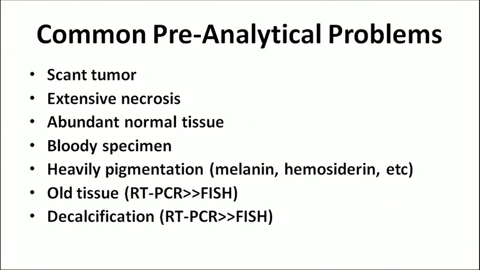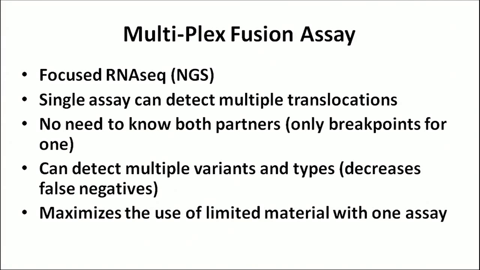Really old formalin-fixed tissue is sometimes challenging; RT-PCR is more sensitive to this than FISH. And then decalcification is really bad for nucleic acids, particularly for RNA, and so with decalcified specimens, it's a real problem to apply RT-PCR techniques. So things are starting to emerge with different approaches to these, with multiplexed fusion assays.